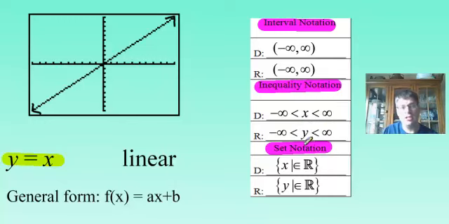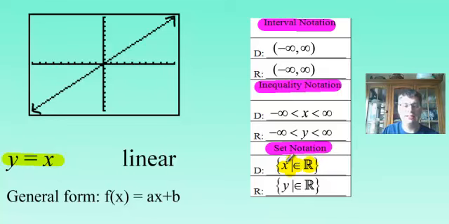Now, set notation. This is where we use our curly brackets, and the way you read this is we would say x, then this little bar here means such that, and that little e looking thing means is an element of, and then this R means all real numbers.